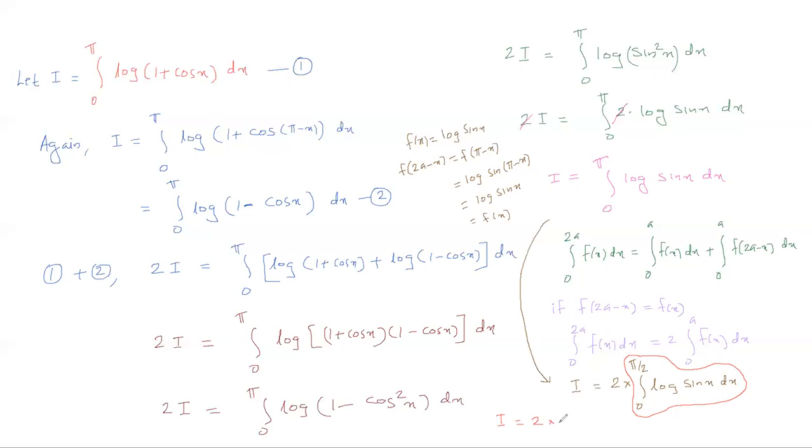Its value is minus pi by 2 log 2. I'm just giving the value directly, minus pi by 2 log 2. So that implies your I equals, 2 will cancel, minus pi log 2.